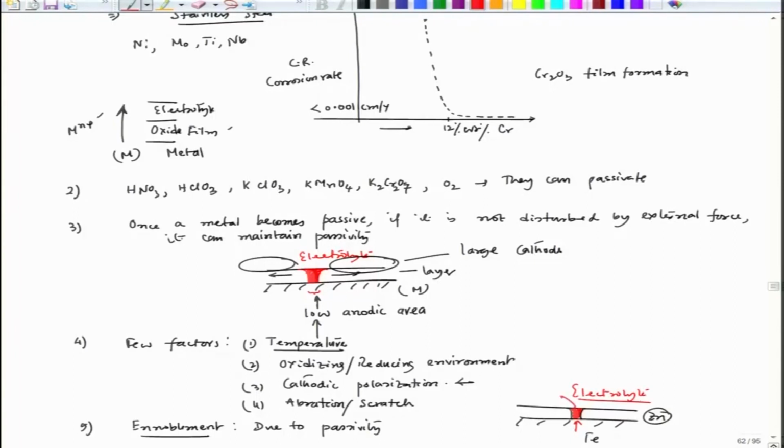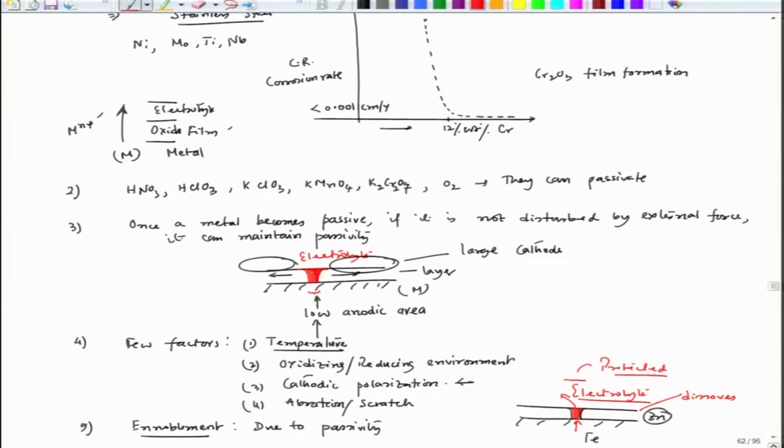So, corrosion can happen, but we have already seen from the mixed potential theory that here iron preferentially acts as a cathode and zinc becomes anode. So, zinc dissolves and this section is protected, fine.